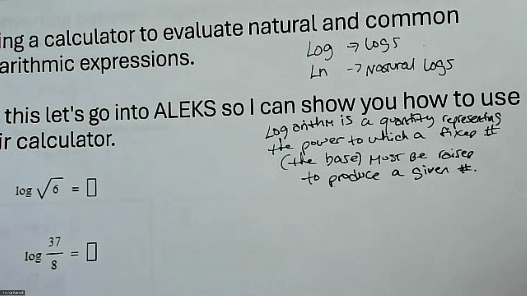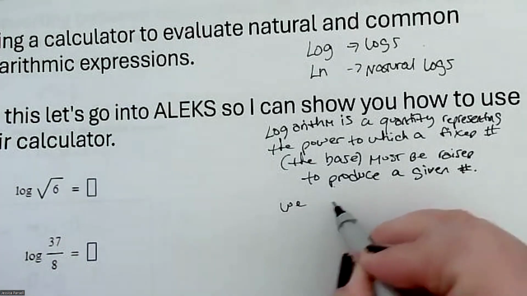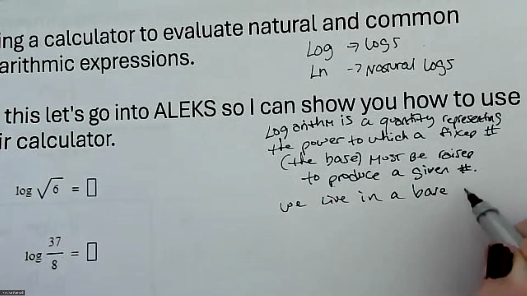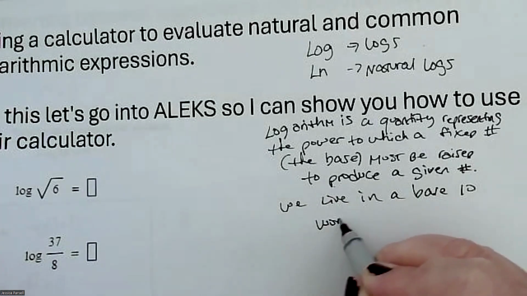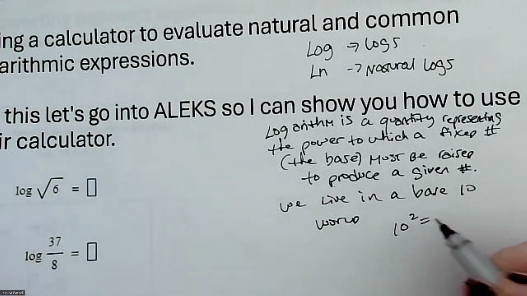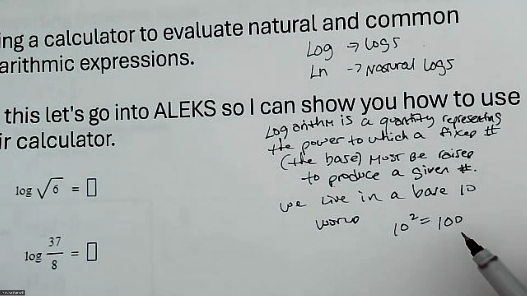So, for instance, we live in a base 10 world. We know that 10 squared is equal to 10 times 10, which is 100. So the logarithm of 100 in a base 10 system is 2.